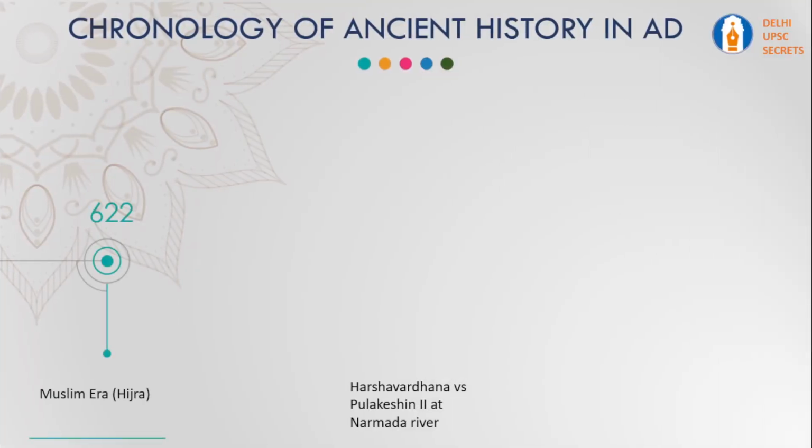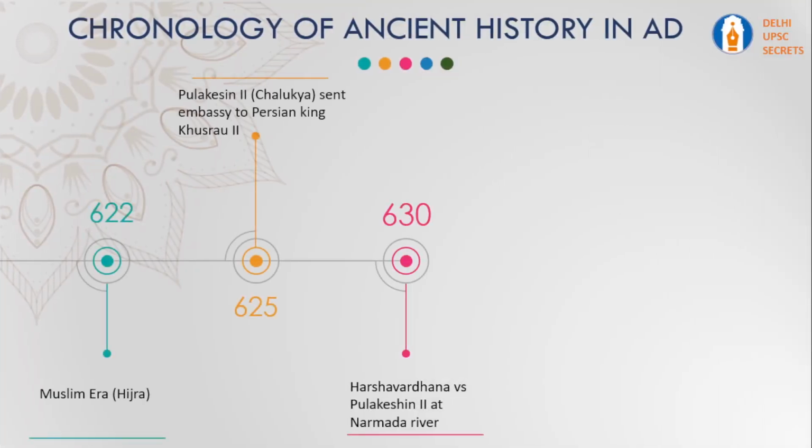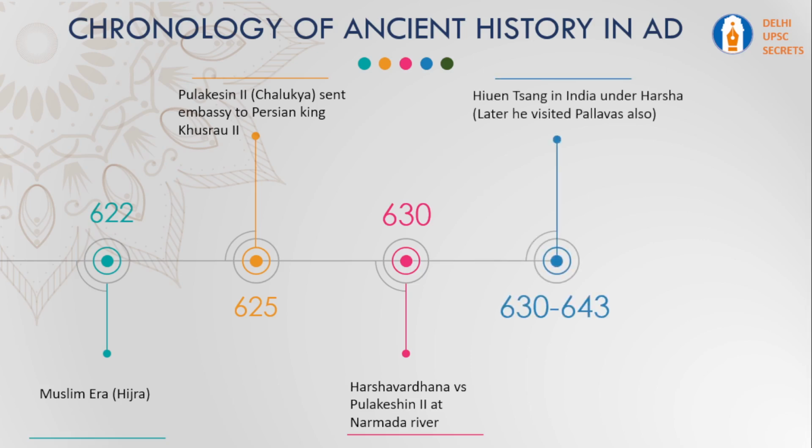Then next to that, we have the Muslim era. In 625 AD, Pulakeshin II of the Chalukyas sends an embassy to the Persian king Khusro, and Harshavardhana and Pulakeshin have a war near the Narmada river. 630 to 643 AD is the period when Hiuen Tsang visits India.